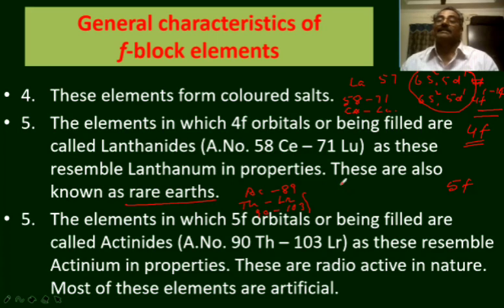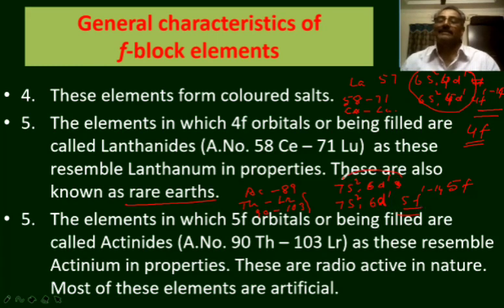The general electronic configuration in the valence shell of actinium is 7s2 6d1, whereas in the case of thorium to lawrencium, the differentiating electron enters the f orbital of the antepenultimate shell. So their general electronic configuration will be 7s2 6d1 5f1 to 14. The 5f orbital is successively being filled with electrons.